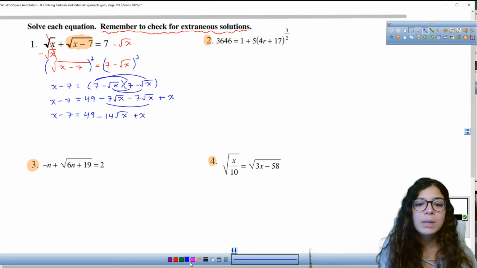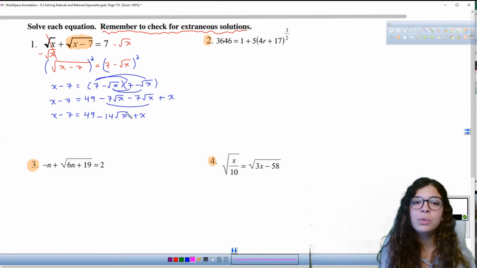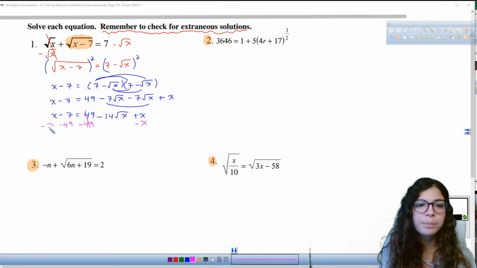So now you see that I have only one radical. So now the goal is to isolate that radical. I'm going to subtract 49 and subtract x to bring those terms to the left-hand side. Now, x minus x would cancel. Negative 7 minus 49 is negative 56. And on the right-hand side, we have negative 14 square root of x.